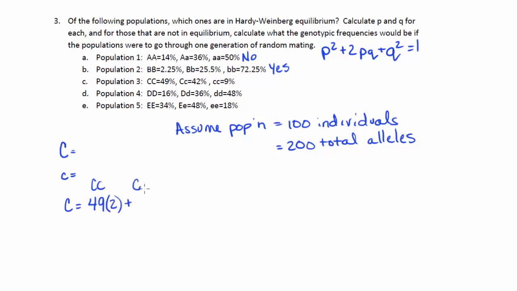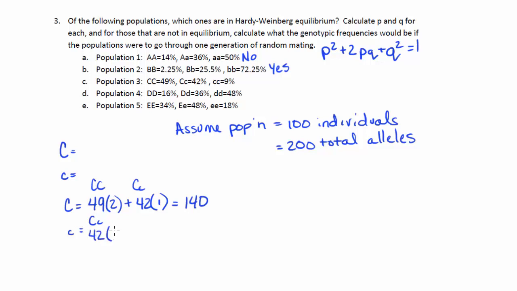If we think about our heterozygous ones, there are 42 of those individuals and they have 1 copy each. So for capital C, we're going to have 140 total alleles.